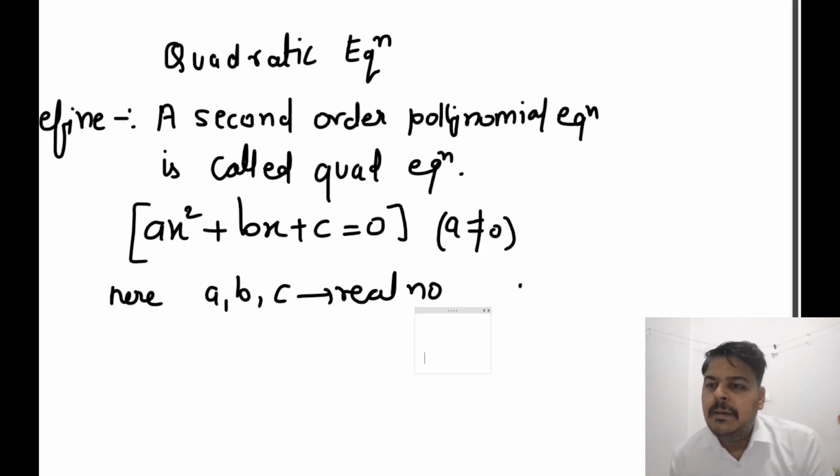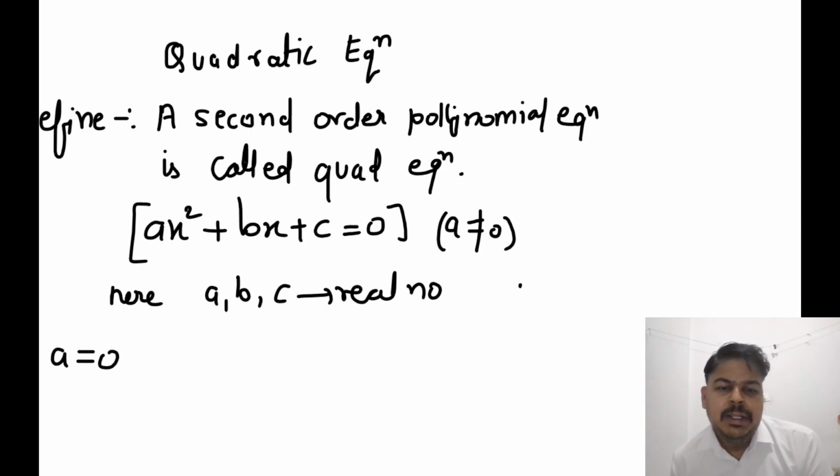Again, some important conditions. One condition that appears in the Olympiad sections also: if a is equal to 0, then what does it become?